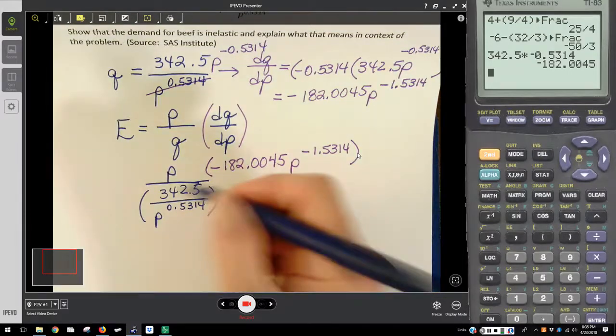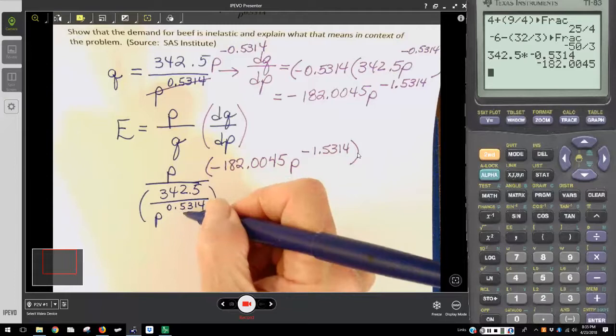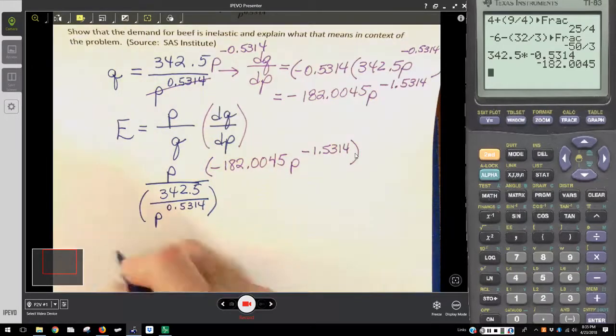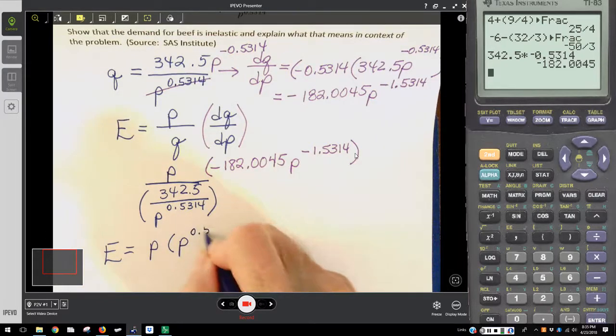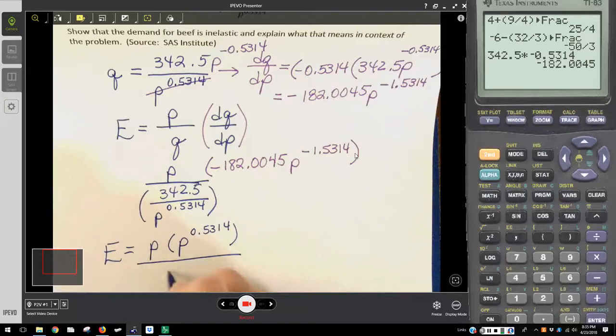Now, since this is dividing by a fraction, this is actually simpler if we do this. Simply multiply by P to the 0.5314 power over 342.5 and wind up with that quantity, and then again times the derivative.